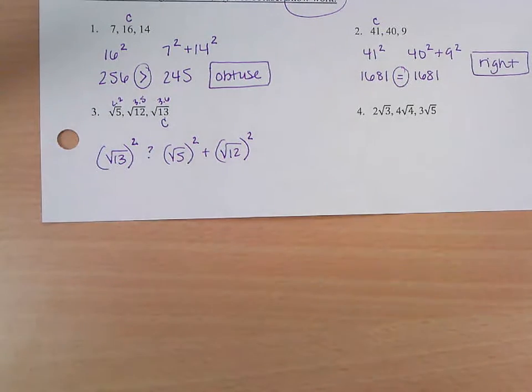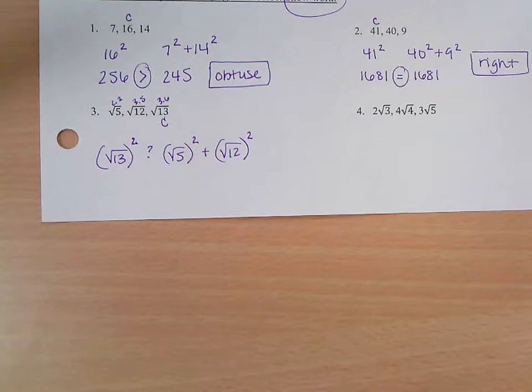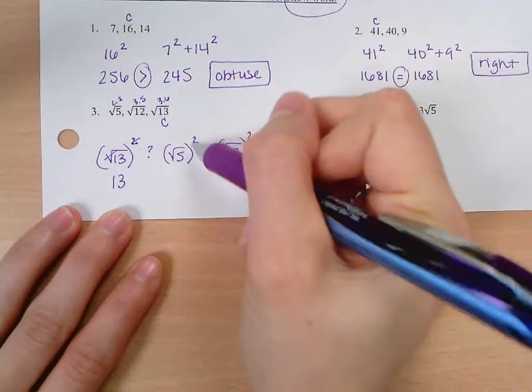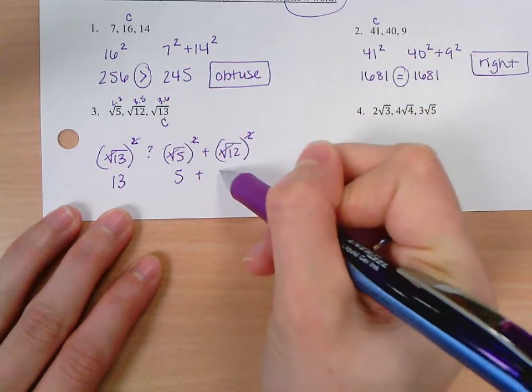Yeah, I'm hearing some different things. Claire, can you say what you said? Yes, and I think, Hannah, that's what you said. They kind of cancel each other out, and you're just left with the number that's in there. These are inverses, like addition and subtraction. They cancel out. So this is just 13. This would just be 5 plus 12.